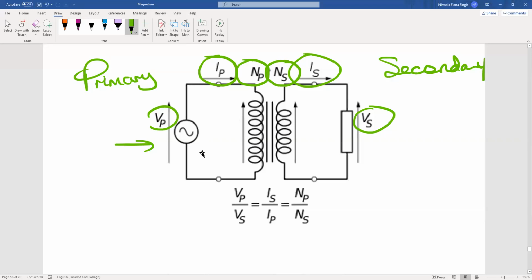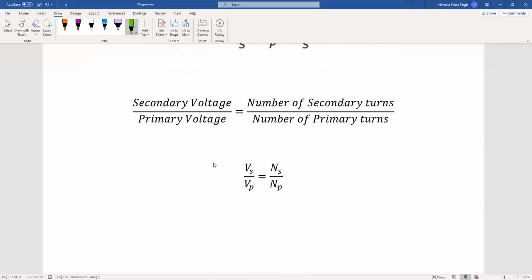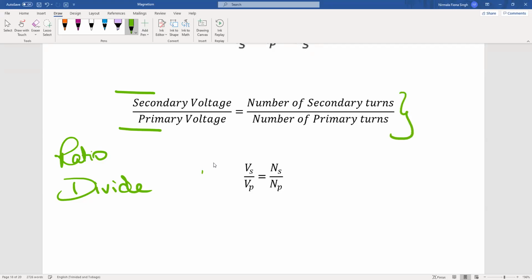The first equation you're going to learn here is the ratio. Just to revise, ratio also means to divide. You should know that. So for the ratio, we always look at secondary to primary. We want to see how much we get out of the transformer. So my secondary voltage to my primary voltage, VS over VP, is the same ratio as the turns.